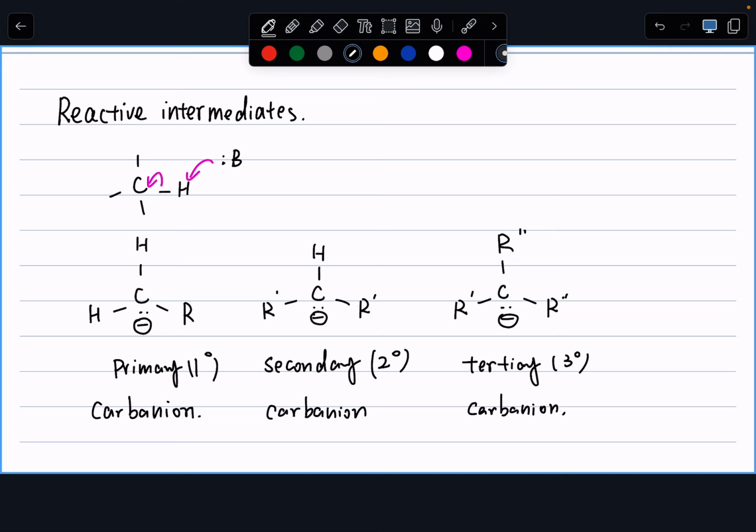All right, so carbanion is a negatively charged species: primary has 1 R group attached, secondary has 2 R groups, and tertiary has 3 R groups. When we talk about the stability of the carbanion, the primary is the more stable one, and the tertiary is the less stable.